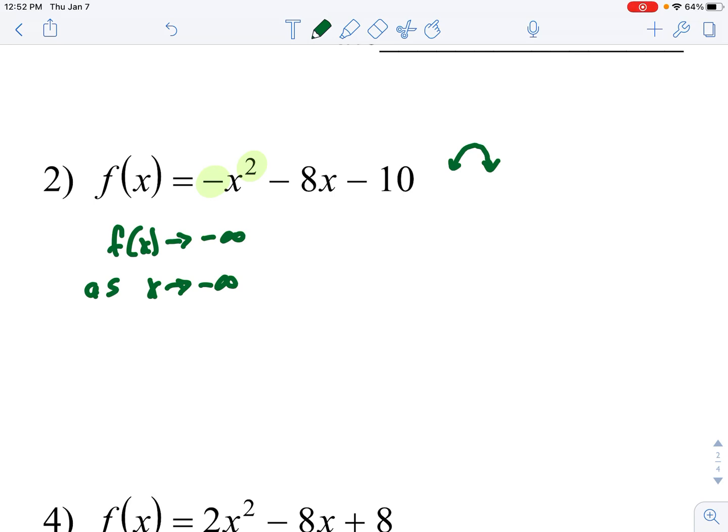So that would be this arrow, down to the left. Let's talk about that arrow, down to the right. F of x goes to negative infinity, again, down, as x goes to positive infinity, to the right. So this says down to the left, down to the right.